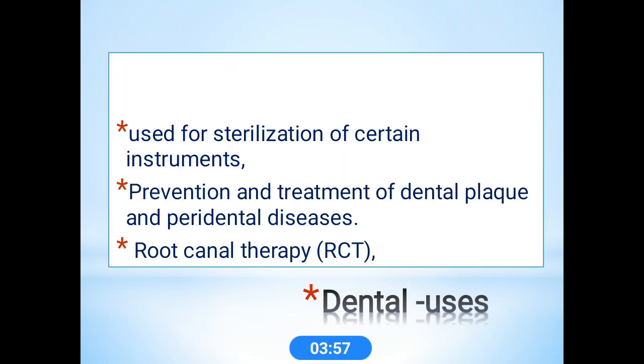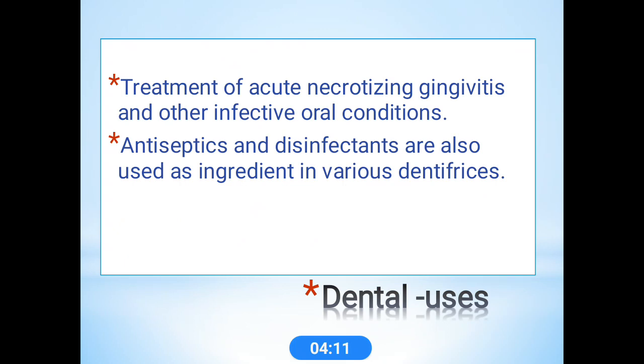There are lots of uses in dentistry. They are used for the sterilization of certain instruments, and for the prevention and treatment of dental plaque, periodontal diseases, root canal therapy, treatment of acute mucositis, gingivitis, and infective oral conditions. These antiseptics and disinfectants are also used as ingredients in various dentifrices, that means toothpaste and tooth powder.